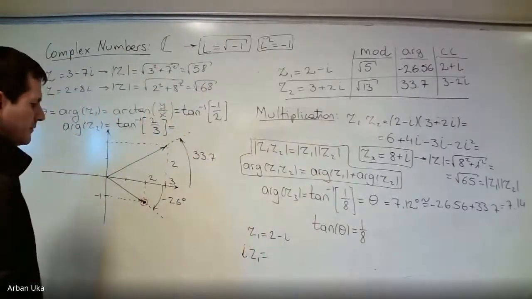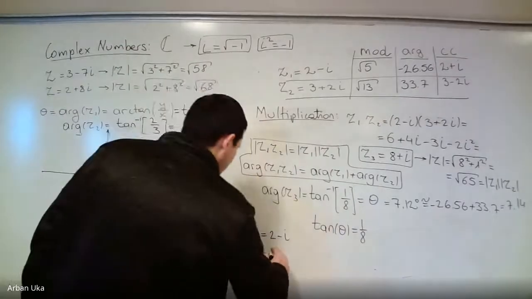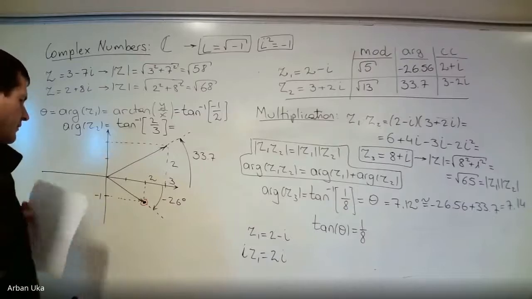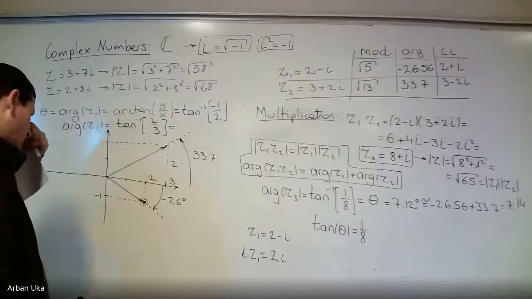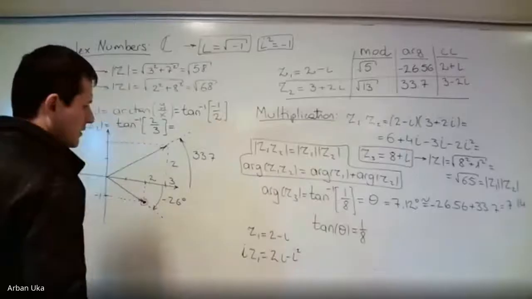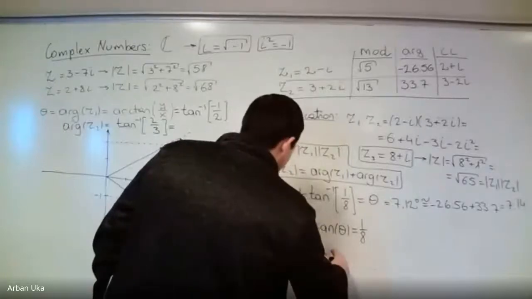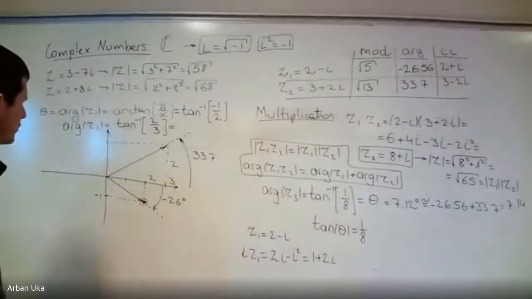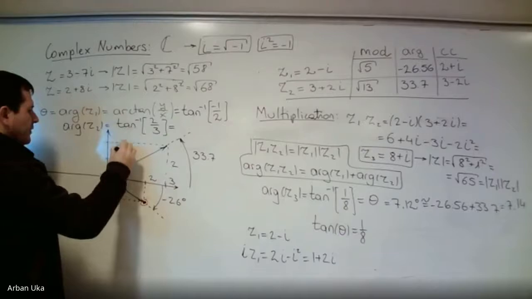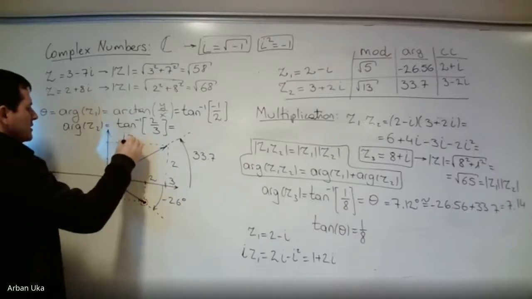What do we get? 2i minus i squared, which is plus 1. So this is 1 plus 2i. Let's try to draw it. 1 is here, 2i is here. So we get this vector. This is iZ1.